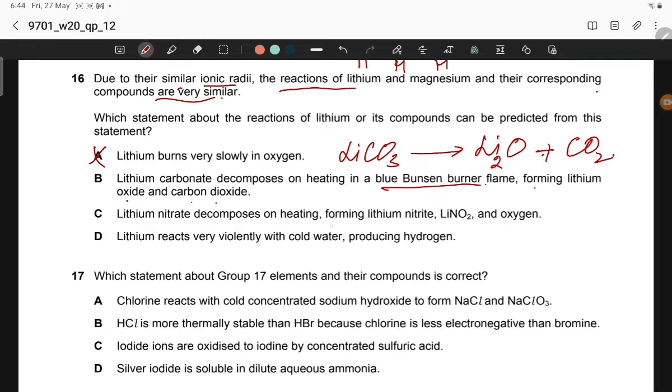Lithium nitrate decomposes on heating to form lithium nitrite and oxygen gas.